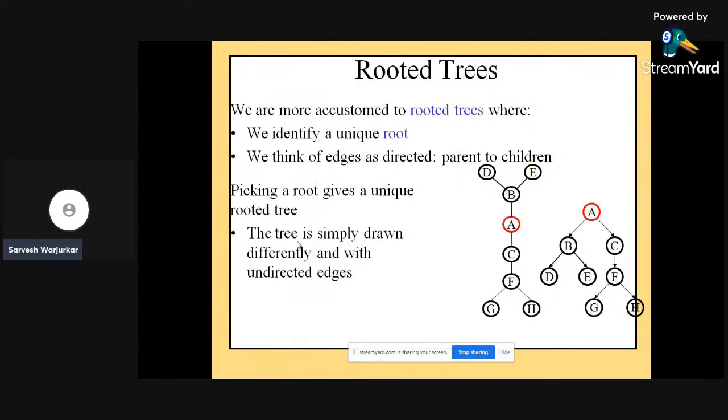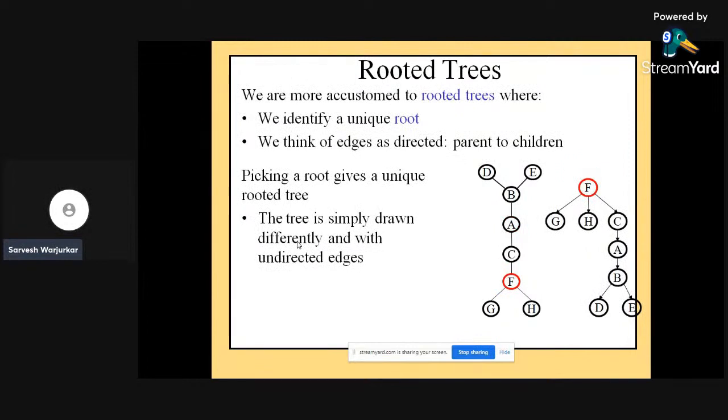You can pick any different node as a root, and the tree is simply drawn differently with undirected edges, like this, which I have already drawn in the given slide. But in a directed way, the trees are not unique.